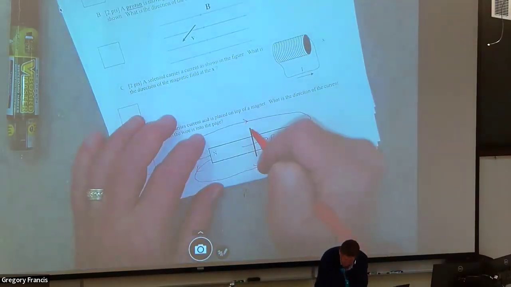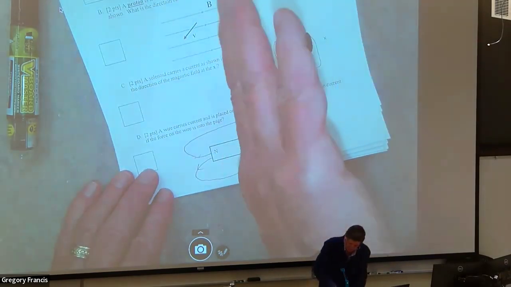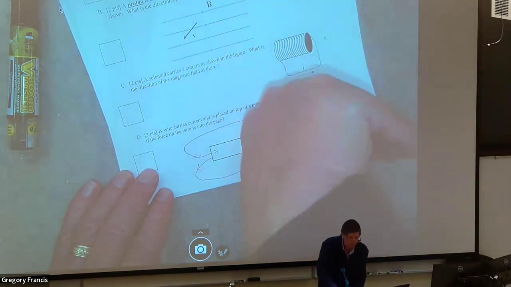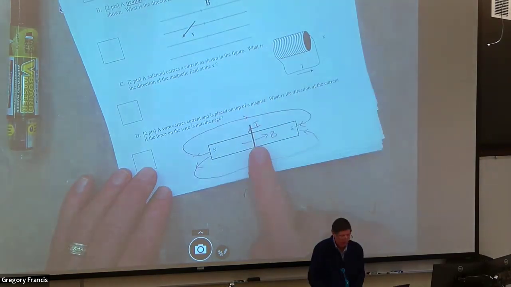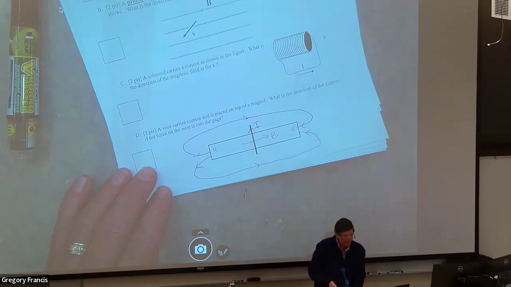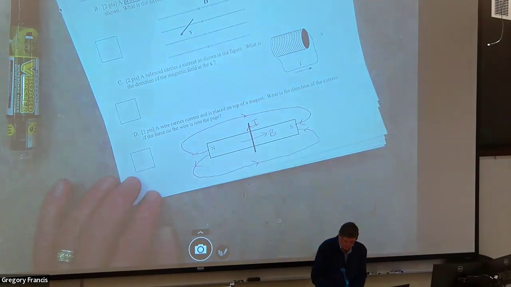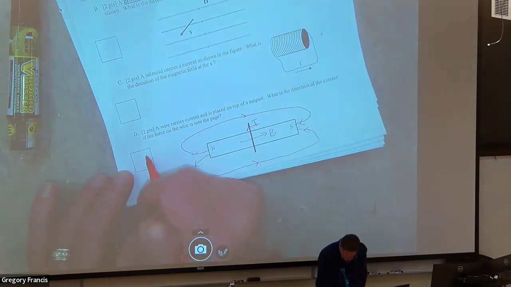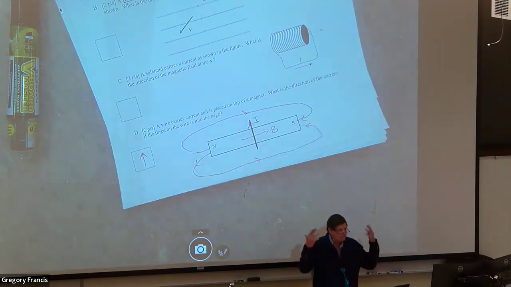If the current's going up the wire in a magnetic field that's to the right, the force is going to be down. If it's laying on top of the bar, then into the page is going to be down towards the floor. And so the current is going to be going that way. I guessed right. Just a lucky guy.